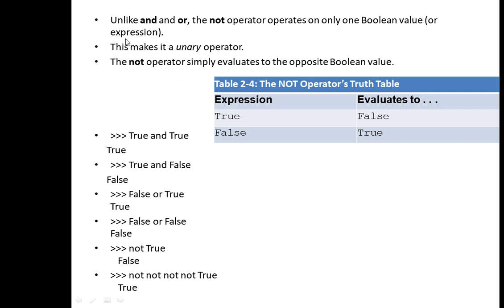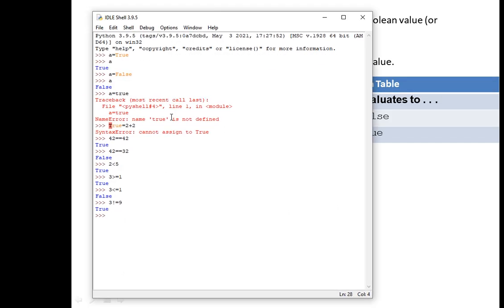Coming to the NOT operator, it is also called a unary operator because it operates only on a single value. If the input is True, the NOT operation will evaluate the output to False. If the input is False, the NOT operation evaluates the value to True. So let's see this with some examples in the IDLE screen.